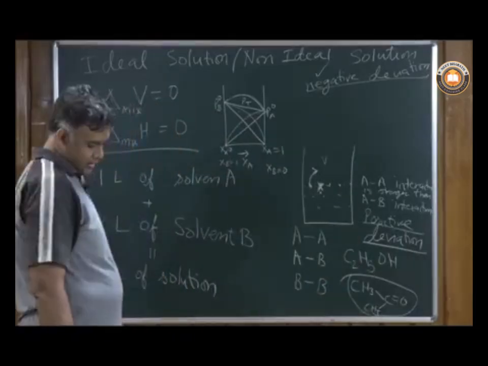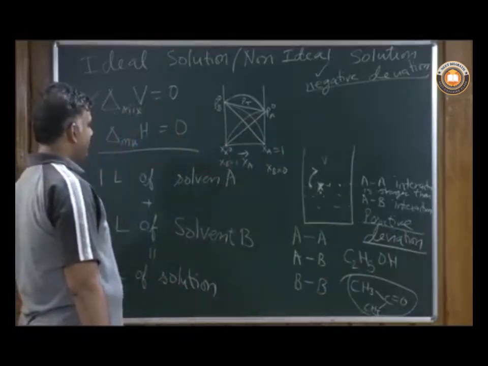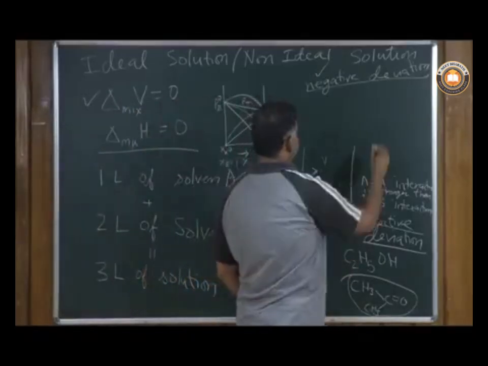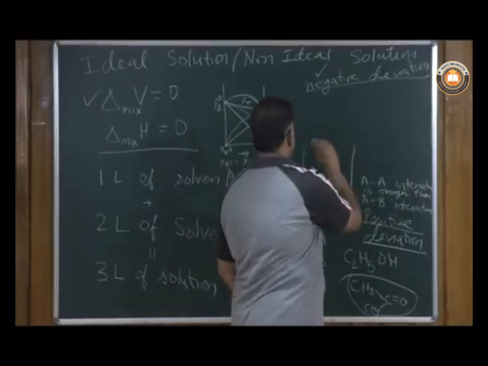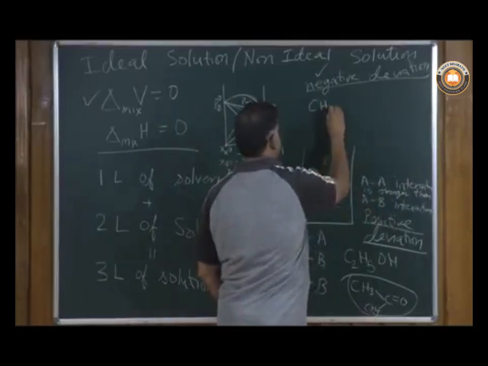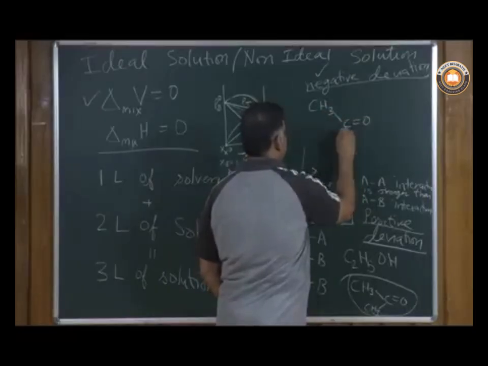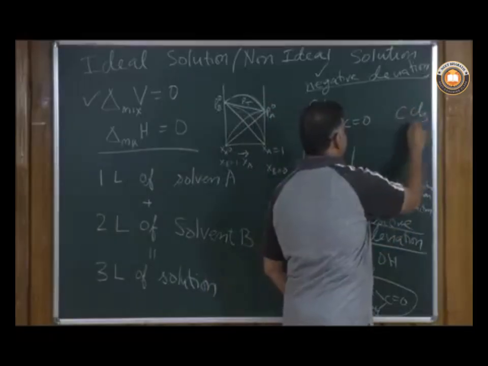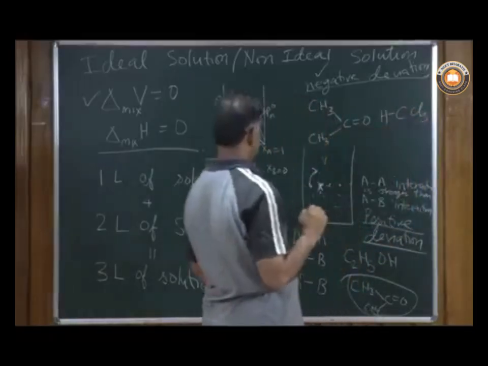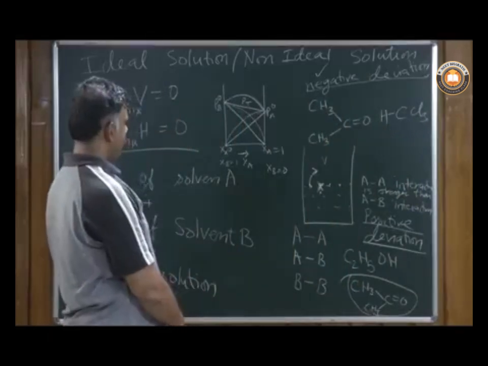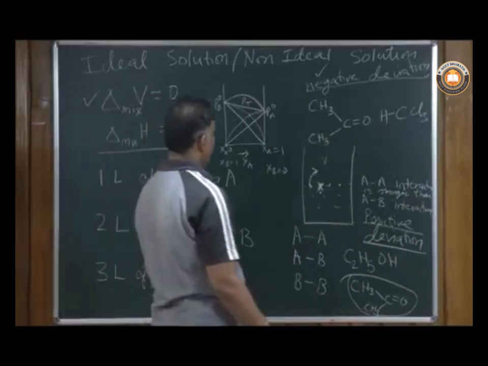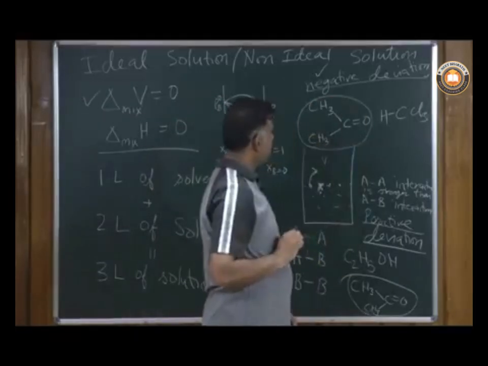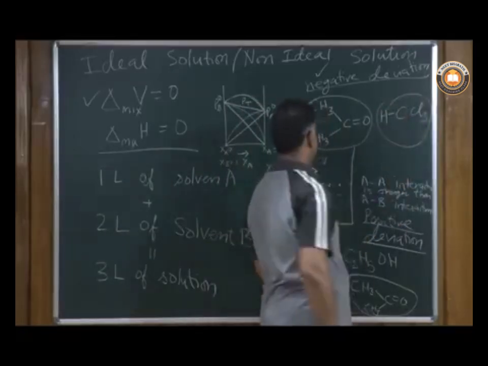Let us look at the other example, that is between chloroform and acetone. So, acetone, that is CH3COCH3, and chloroform, that is CCl3H. Now, we can see that there is no hydrogen bonding within acetone or within chloroform.